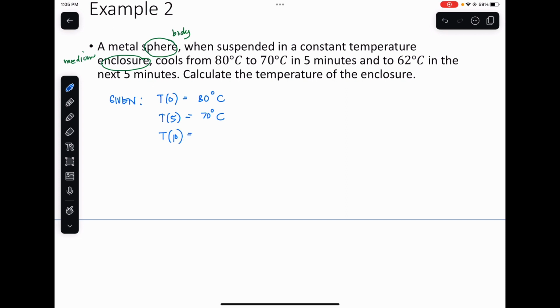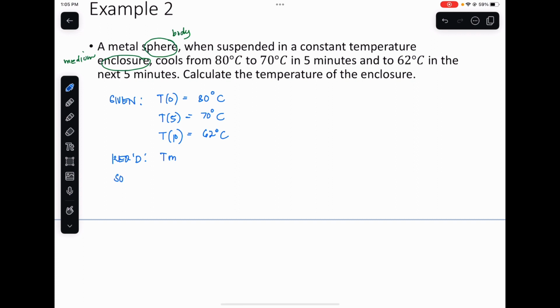We are to calculate the temperature of the enclosure. In short, what is required is T sub m, the temperature of the medium itself.